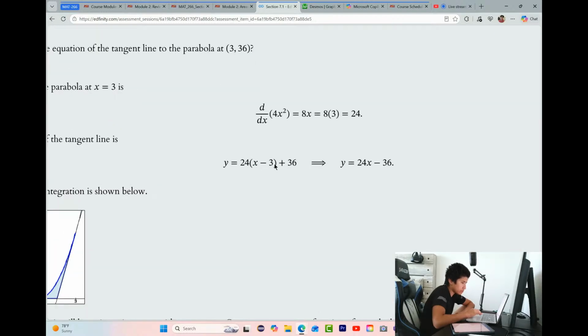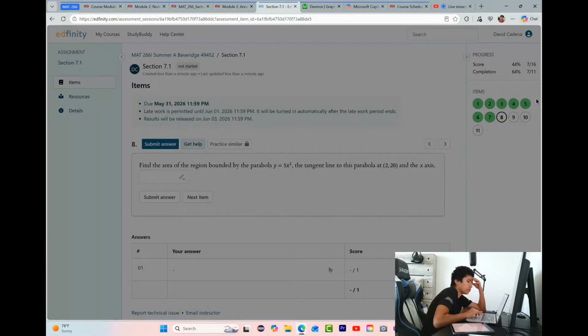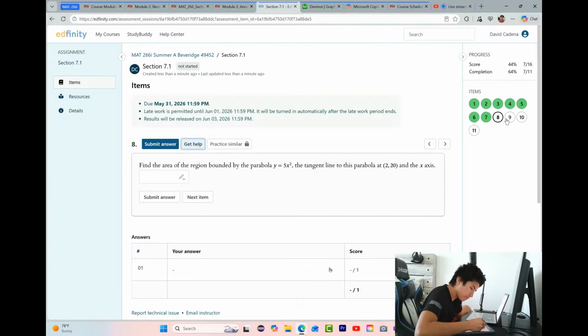And why is there an x minus 3? I'm sorry? Why in the world is there an x minus 3? Tangent. y1 equals m times x. Hold on, y2 minus y1.